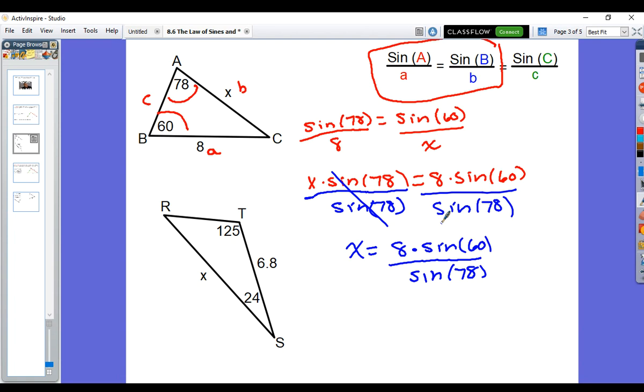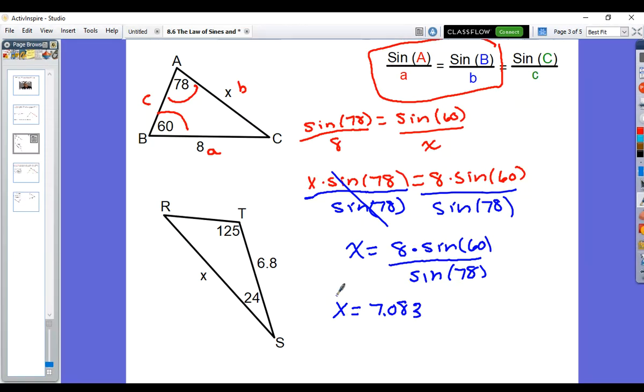So you plug it in: 8 times the sine of 60, and hit enter. You get a number. Then you divide by the sine of 78. If you do that correctly, you should get x equals 7.083, rounded to three decimal places.